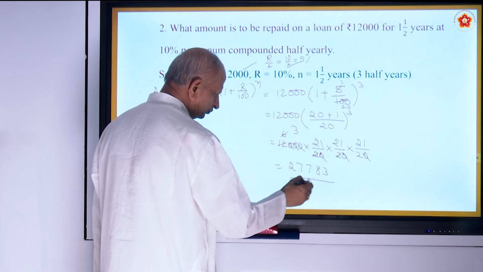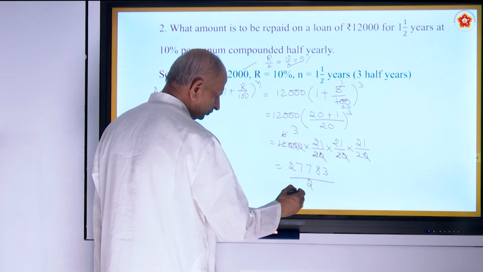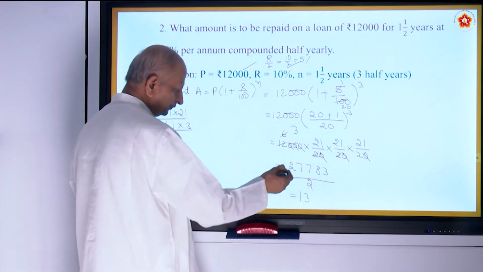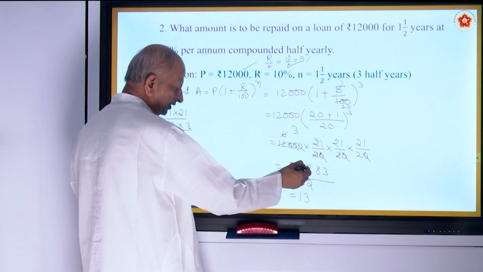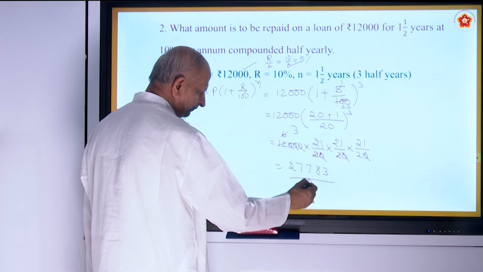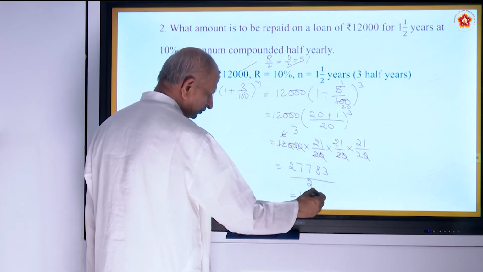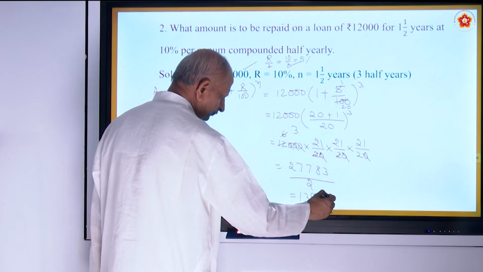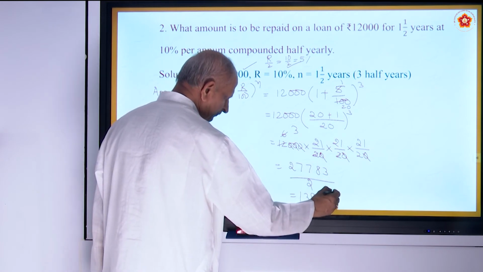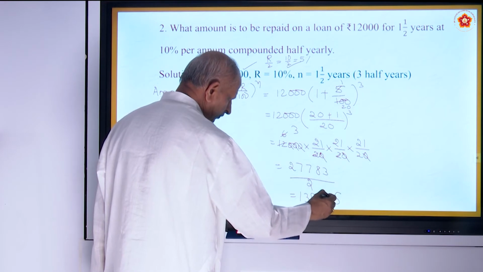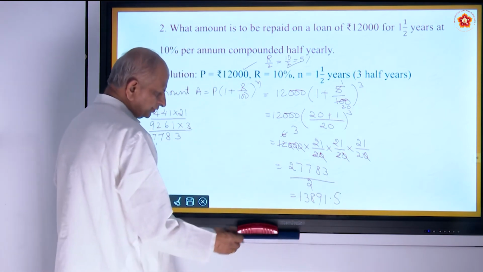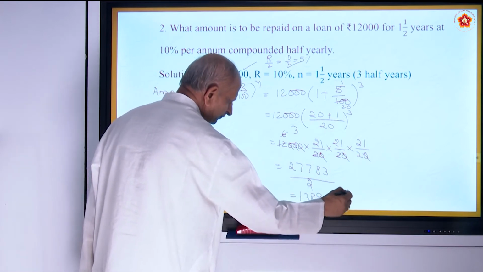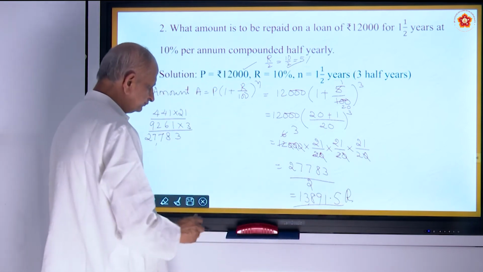So by 2, that will be equal to 2 ones are 2, 2 threes are 6, 17, 2 eights are 18, 2 nines are 18, 2 ones are 2, 0.5. So 13,891.5 rupees. That is the amount.